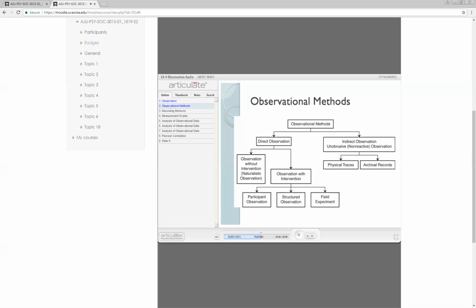Now, there are three different kinds of intervention. Participant observation is when the observer actually participates in the activity. A structured observation is an observation in which the observers set up a specific set of circumstances for the participants so they can watch a specific behavior.